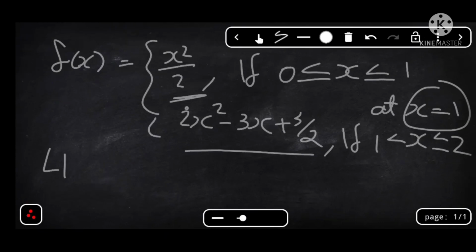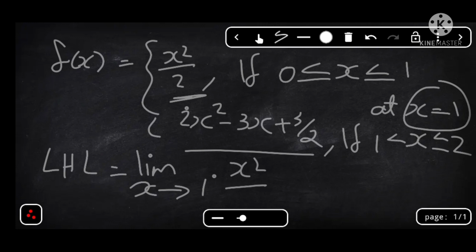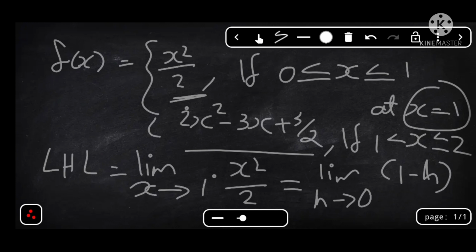LHL will be the limit as x tends to 1 of x square divided by 2, because the function is x square by 2 for 0 less than or equal to x less than or equal to 1. Here we can replace it with limit h tends to 0 of (1 minus h) square divided by 2, right?